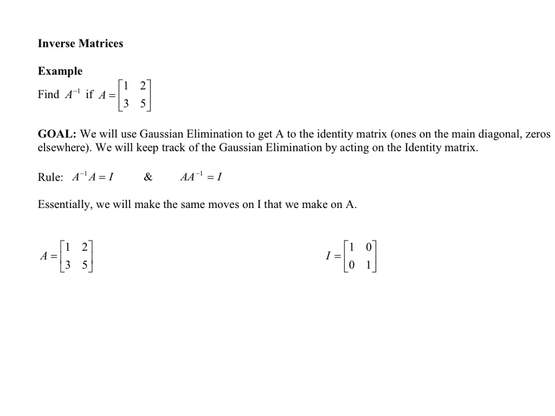Well, there's a couple of ways I could do that. One way would be to do the thing that I just did a couple of pages ago. Make a new matrix.